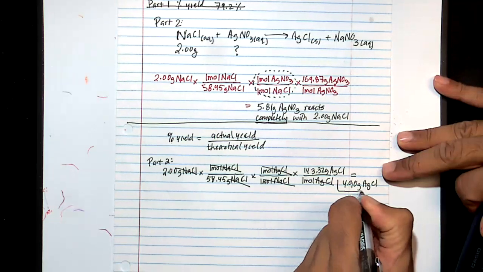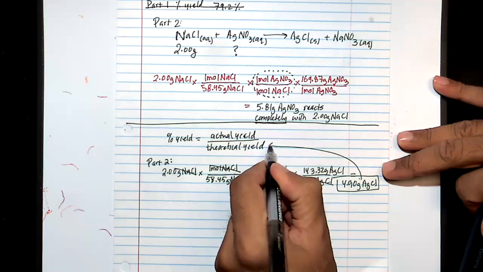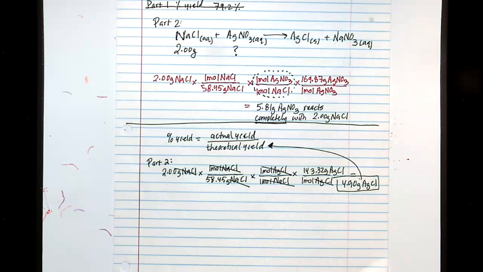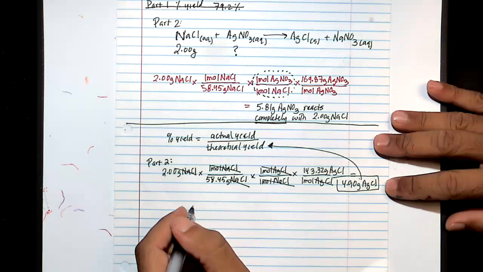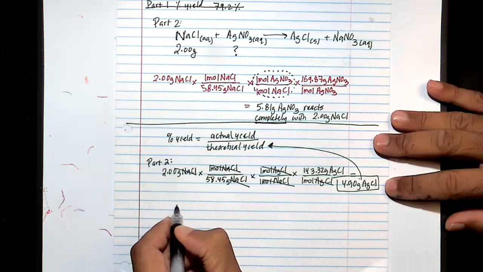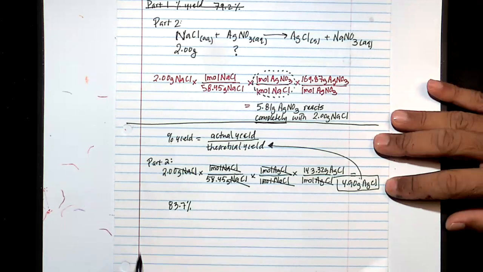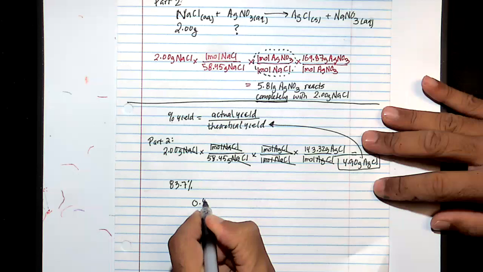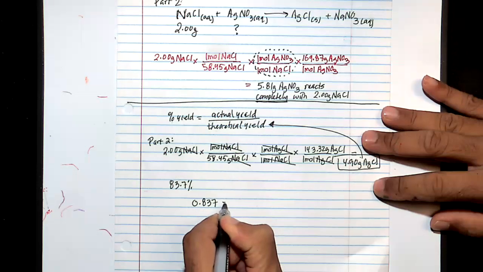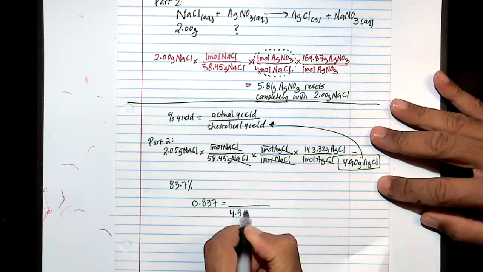And that would go into our actual yield or theoretical? That's your theoretical. Our percent yield is 83.7%. Let's convert that to a decimal, 0.837, equals, our theoretical yield is 4.90 grams.